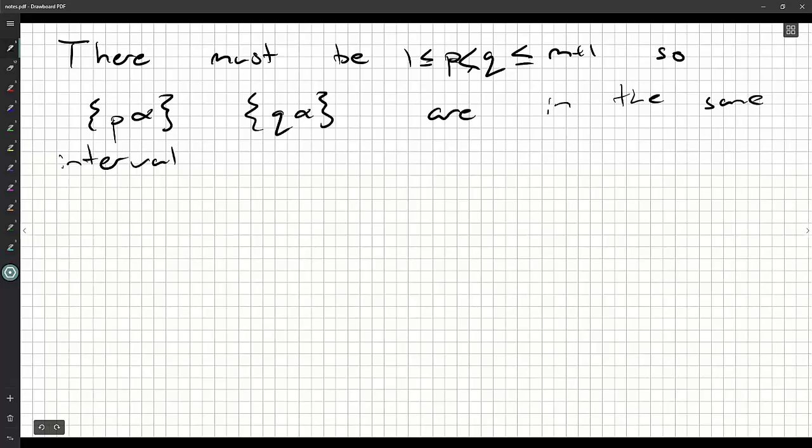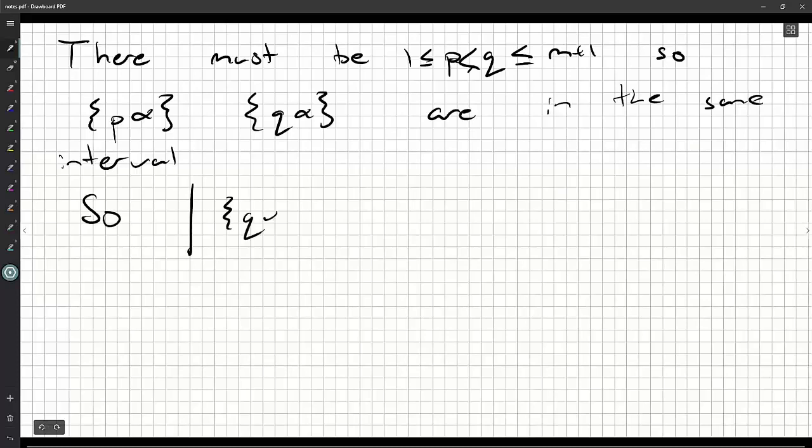Okay. So we can get 2 of them together, and I think we should be able to assume that if I take the difference, it should be less than 1 over m. That's what I'm thinking. So I don't know which one of the fractional parts is bigger, but I can definitely say this. Okay, the difference between them is less than 1 over m.